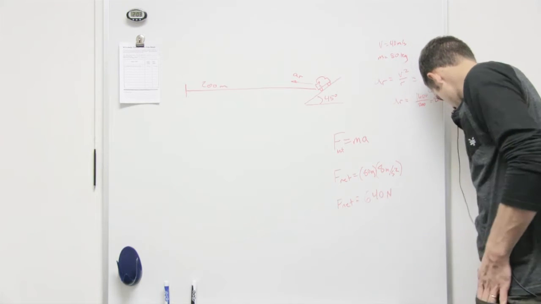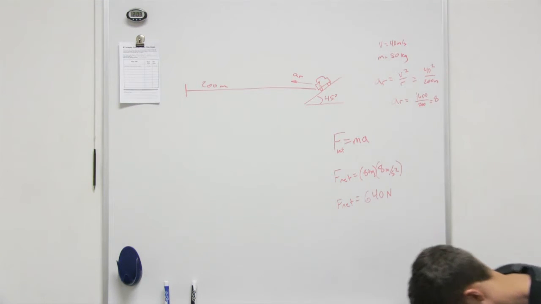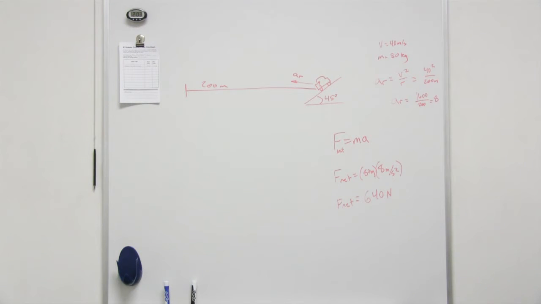And what was the question asking for? What is the magnitude of the resultant force on the 80 kilogram driver? So where do we use the 45 degrees? We don't. It's superfluous.